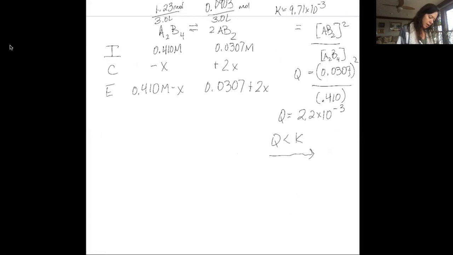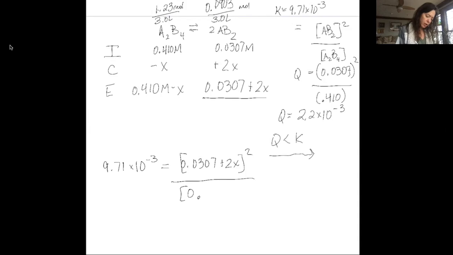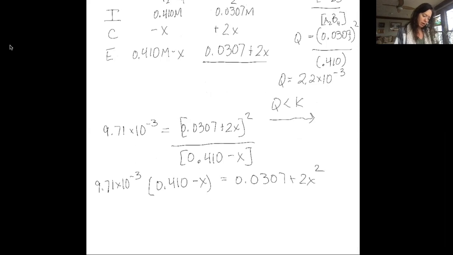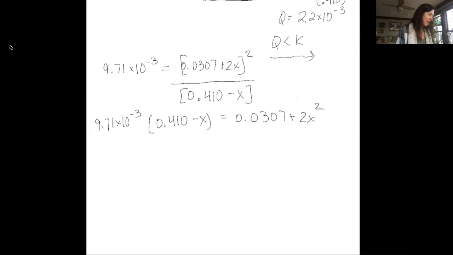We now know that K, because we need to solve for X, is 9.71 times 10 to the negative third, and that is equal to AB2 squared, 0.0307 plus 2X squared, over 0.410 minus X. Now, what that's going to give me is 9.71 times 10 to the negative third multiplied by 0.410 minus X equals 0.0307 plus 2X squared.